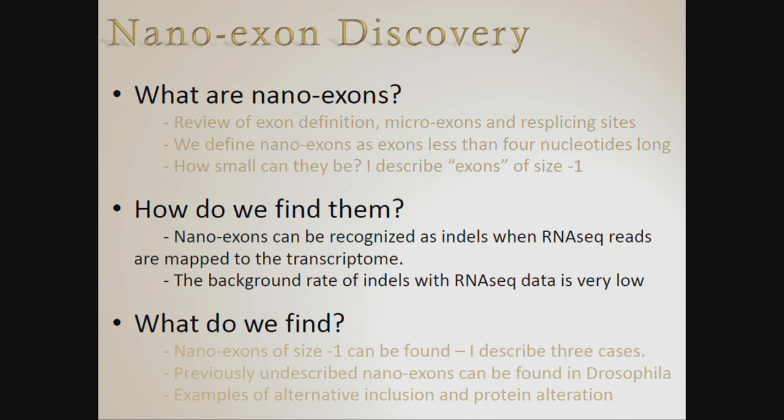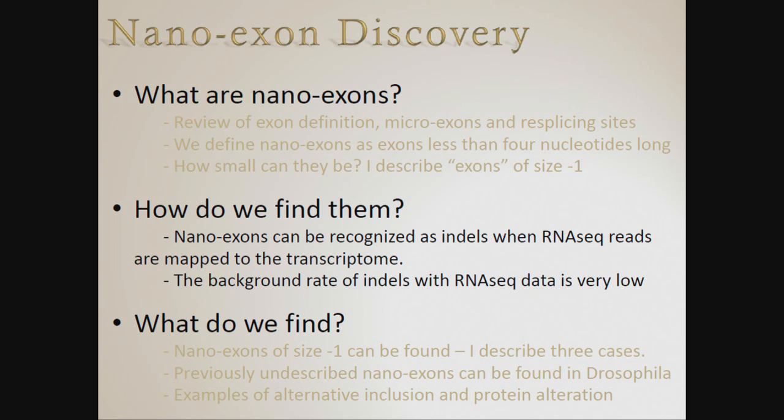Okay, I'm going to review exon definition, micro-exons, resplicing sites. I'm going to define nano-exons as exons less than 4 nucleotides, and talk about how small that can be. I'll argue that there can be exons of size -1, and I'll tell you what I mean by that.